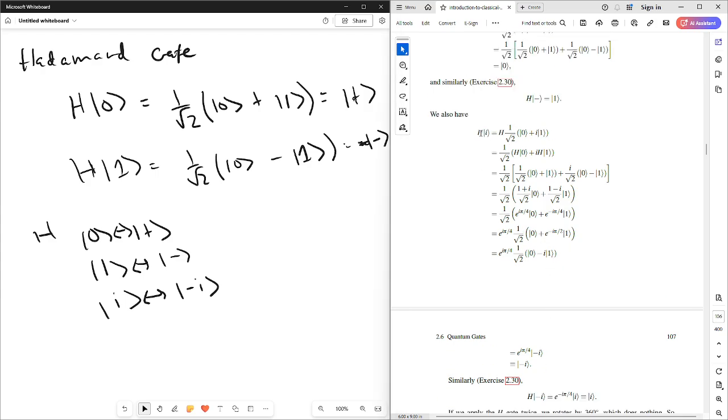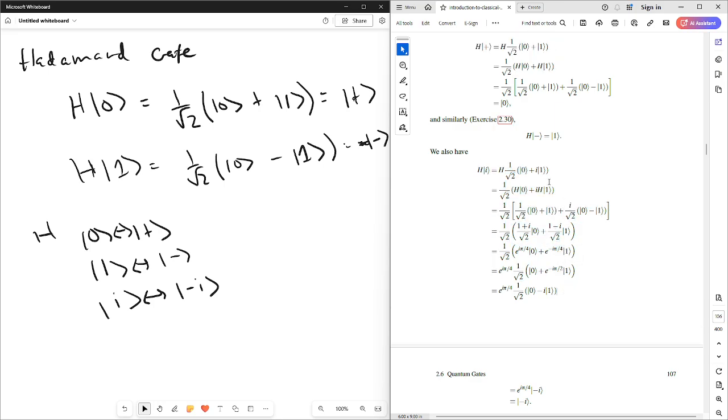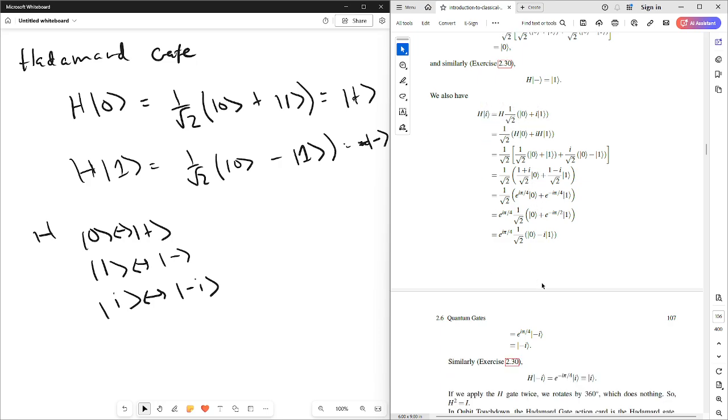They just have some examples here of what happens when you apply the Hadamard gate to, for example, state i. It winds up taking it to state minus i, just with a global phase. So essentially it's equivalent to state minus i.